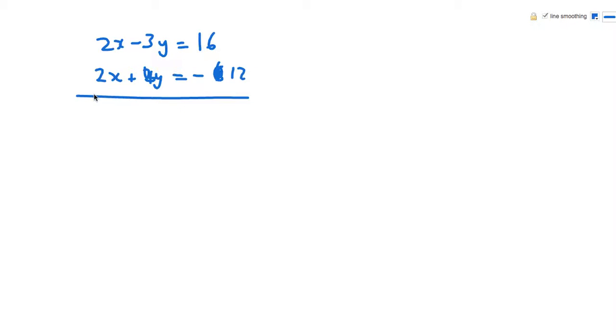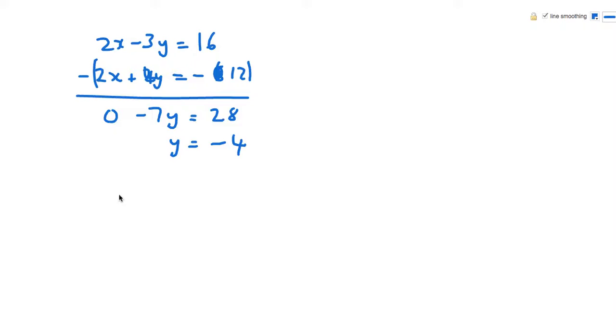Here I'm going to subtract instead because I want to get rid of the 2x. So that's going to give me 0 there, minus 7y there, and then minus 16 minus 12 is minus 28. And that's going to give me that y is minus 28 over 7, which is minus 4.